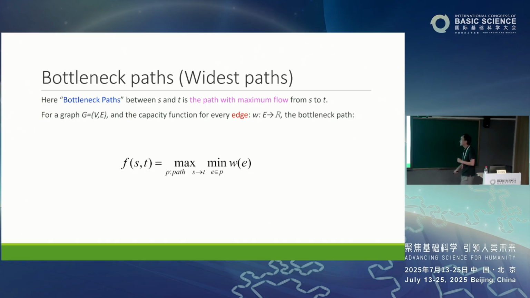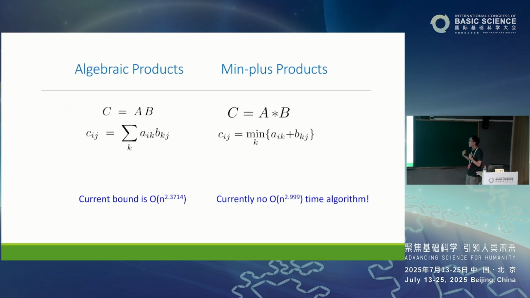Also, the bottleneck path part means that... I think this is because Strassen's algorithm needs the inverse of this operation, the sum.